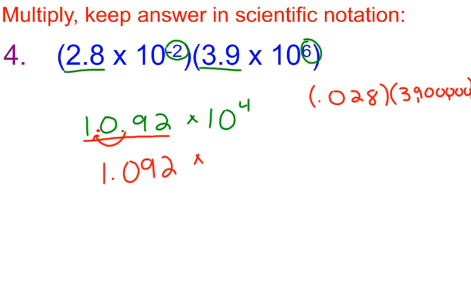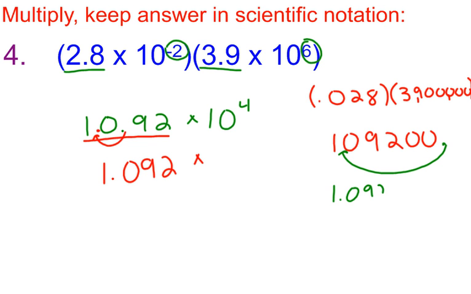So let's think if we actually multiplied those two on your calculator. That's what you'd probably do, right? So I'm going to punch in 0.028 times 3.9 million. I get 109,200. So now to put this in scientific notation, this decimal's here, I'd move it all the way here, so I'd have 1.092 times 10 to the 5th.